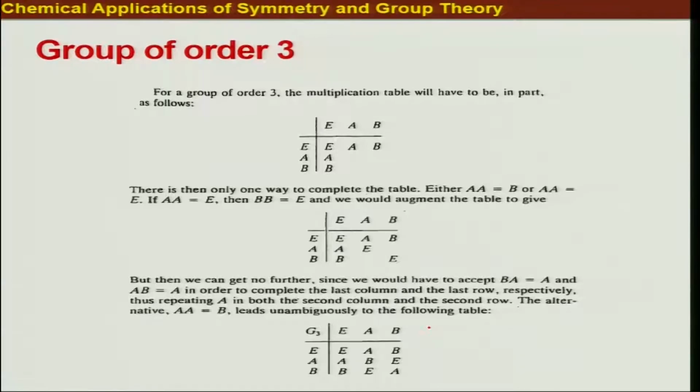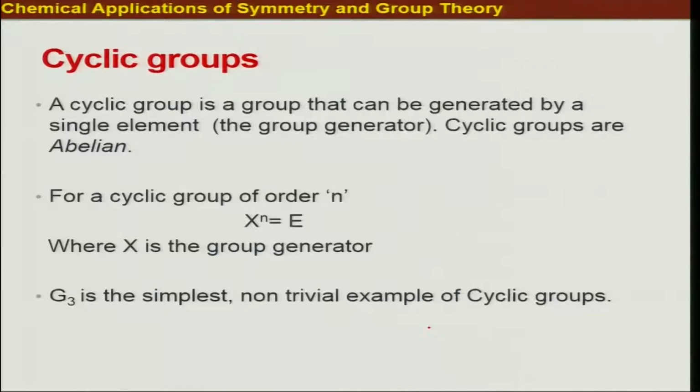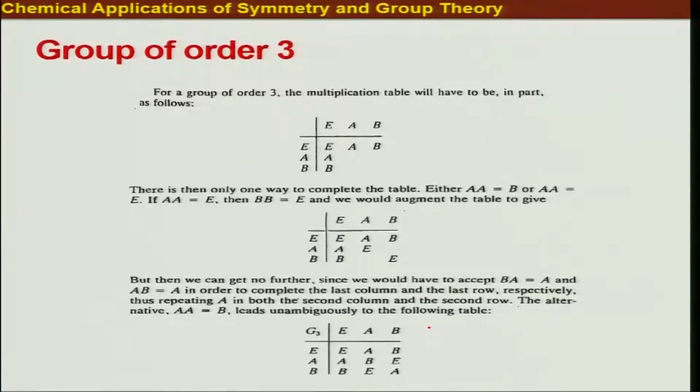So, how do we form the group multiplication table for a group of order 3? Let us have a look here on your screen. First, you write down all the elements along the row and the column. Then you start multiplying by following the combination rule that we just stated.